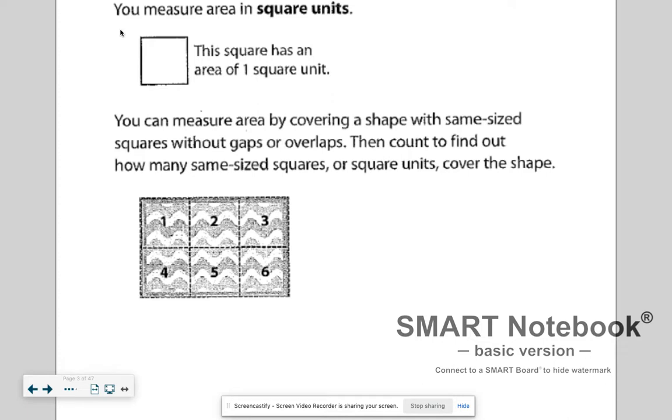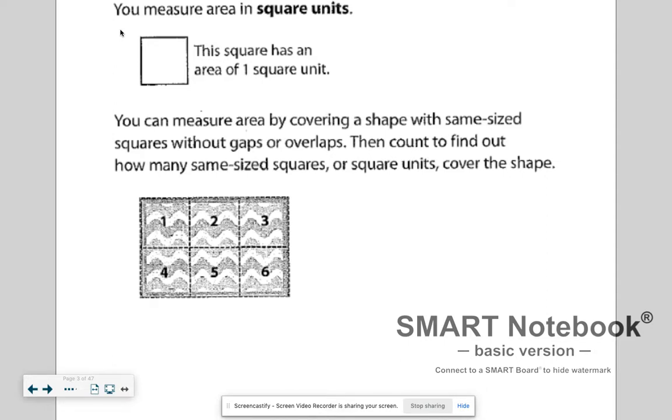All right, so let's look down at the second paragraph. You can measure area by covering a shape with same size squares without gaps or overlaps. Then we count to find out how many same size squares or square units cover the shape. So this is kind of what we did last week with the equal size squares on the inside.